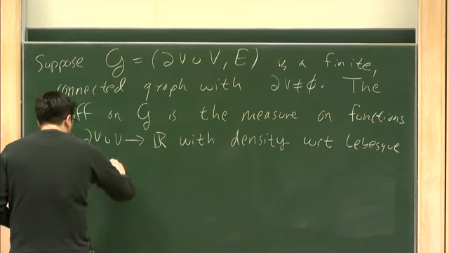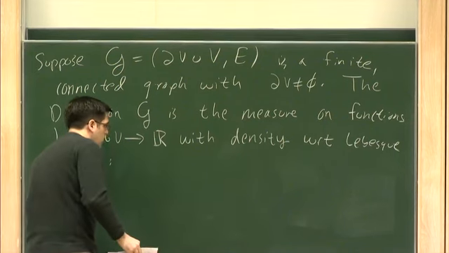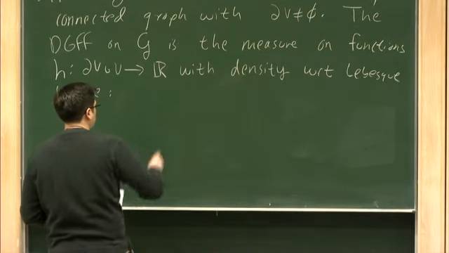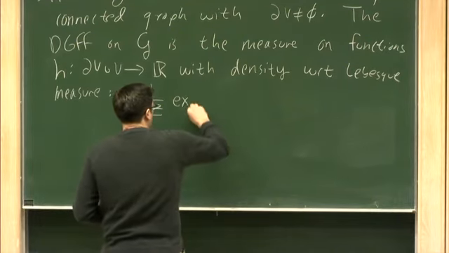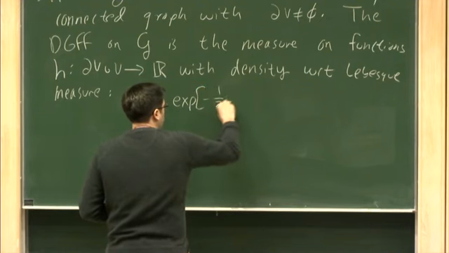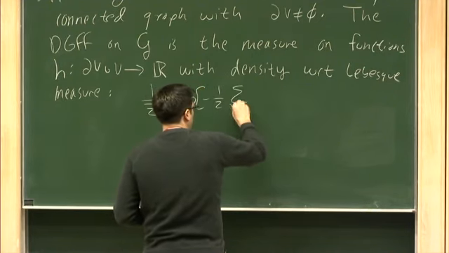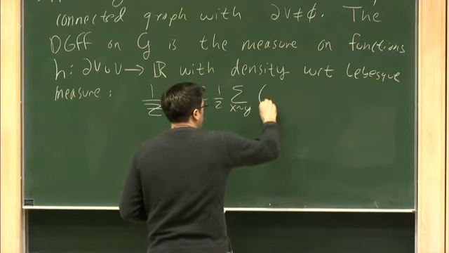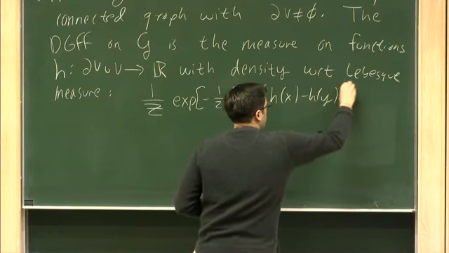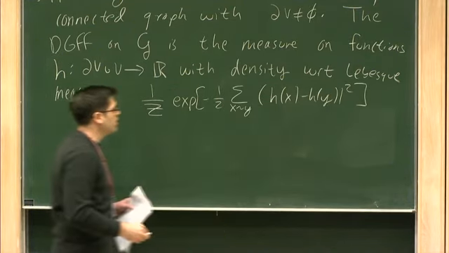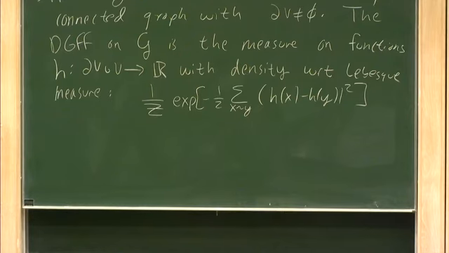And here it is. You have a normalizing constant, just to turn this into a probability, 1 over Z. And then you have e to the minus 1/2, and then you sum over all edges in your graph the square of the gradient of your function across each edge, and you add that up.